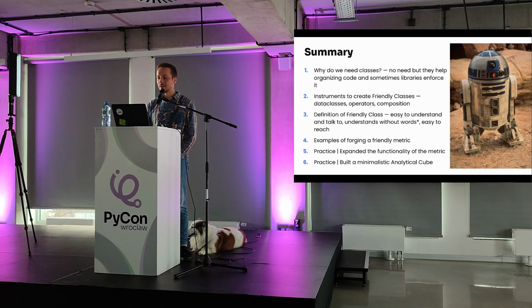Then we defined a friendly class as a friend in real life, easy to understand, to talk to, understands without words if there's such need, easy to reach, or easy to call. We stepped through examples of forging a friendly class. And at the end of everything, we practiced the concept.